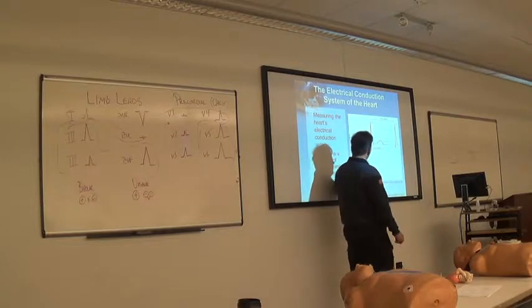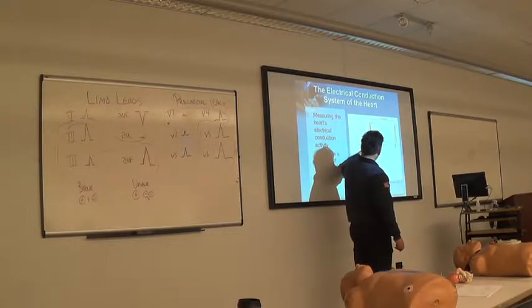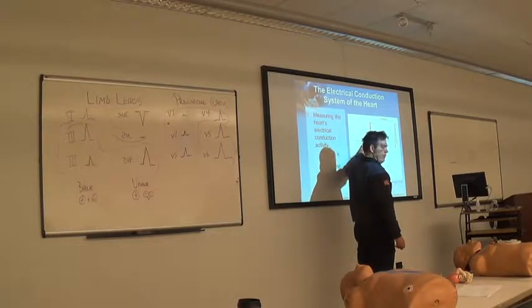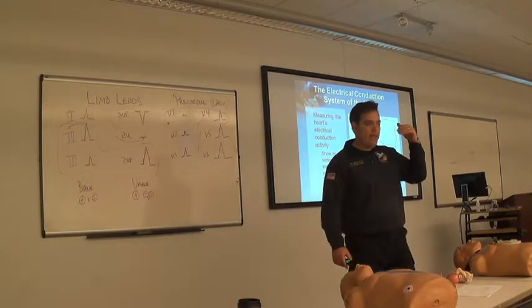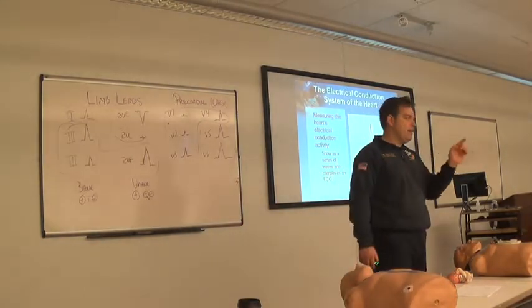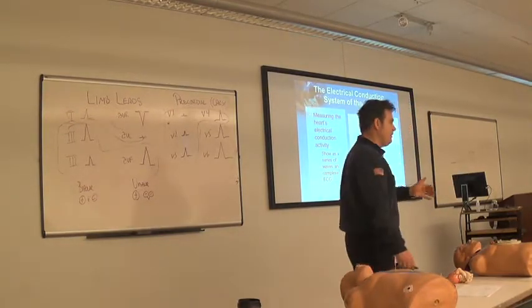So the first interval that we're going to be looking for is what's called the PR interval, okay? The PR interval starts at the P wave. So whether it's a PR interval or a QRS interval or a QT interval, that first letter tells you where you're going to start the measurement from, the beginning of that.